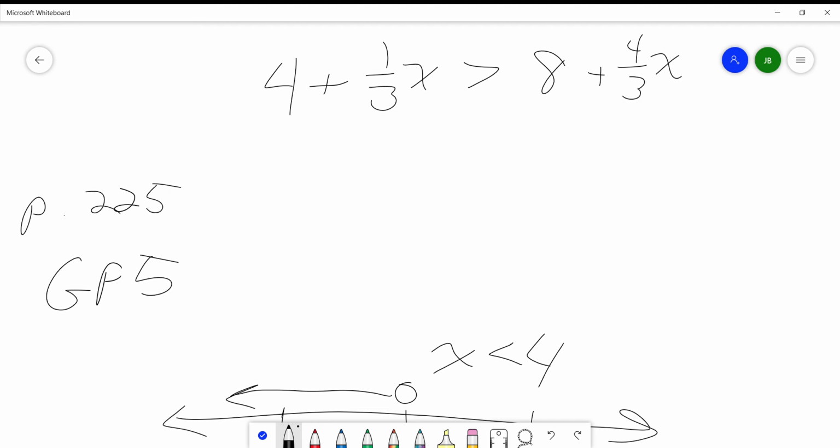So how can this be? Looking at this problem, I'm left wondering, how in the world can you have 4 plus 1/3 x be greater than 8 plus 4/3 x? Intuitively, this shouldn't make sense, right?